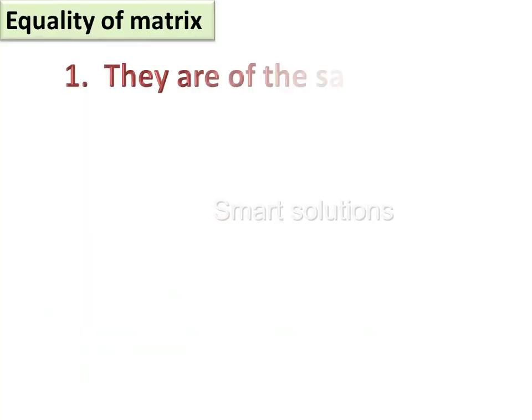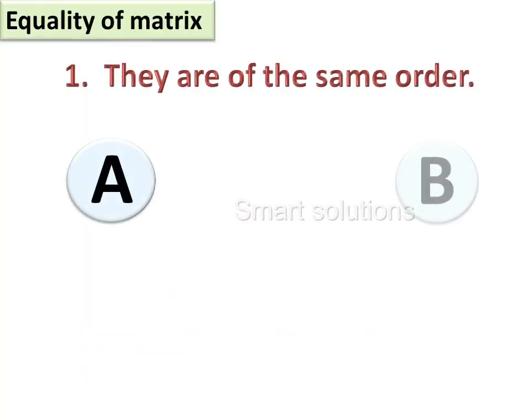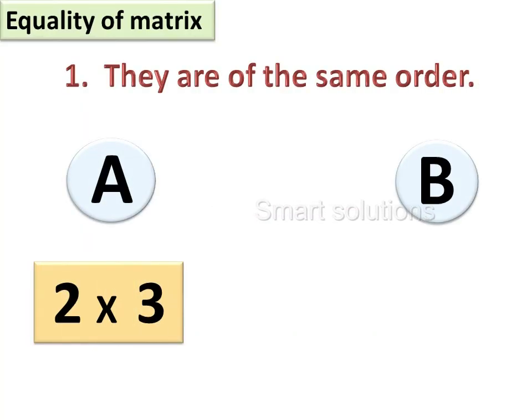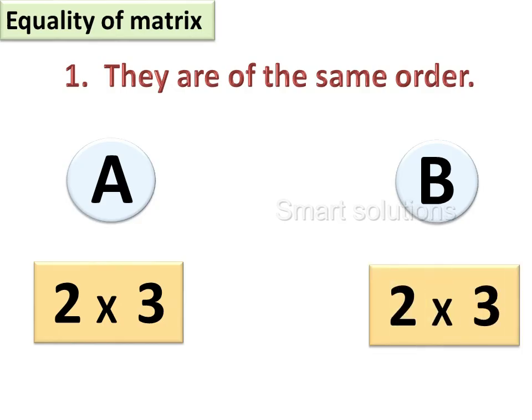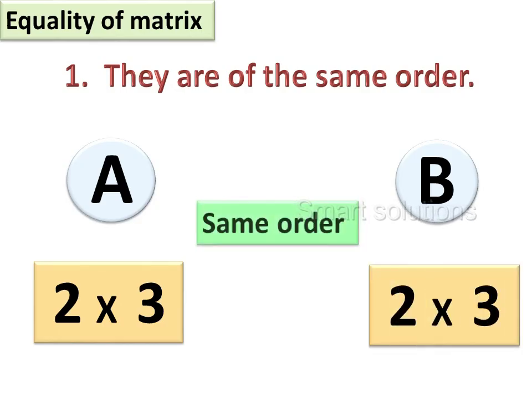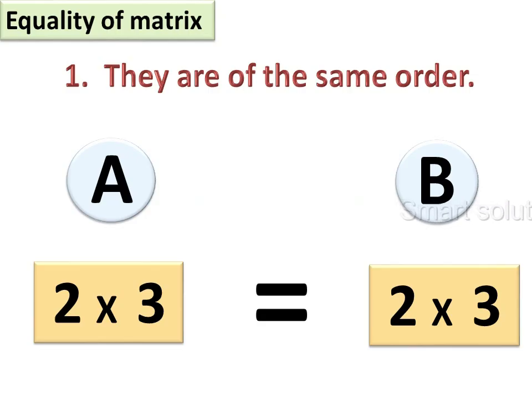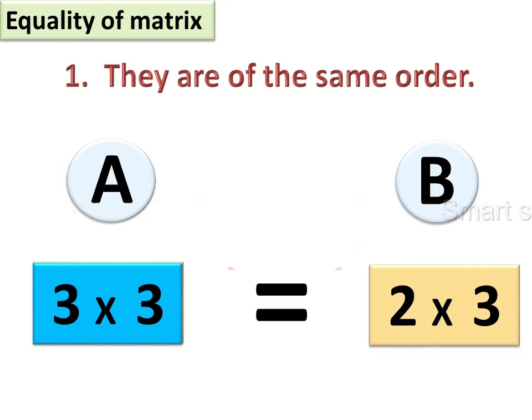Consider two matrices A and B. Here, both matrices are of same order 2 by 3, so they can be equal. Now, order of matrices are different, so they can't be equal.